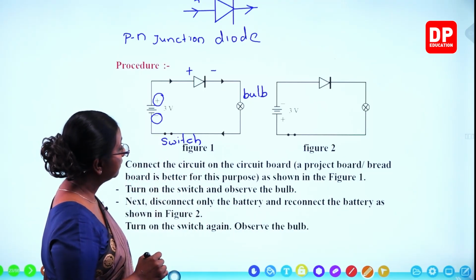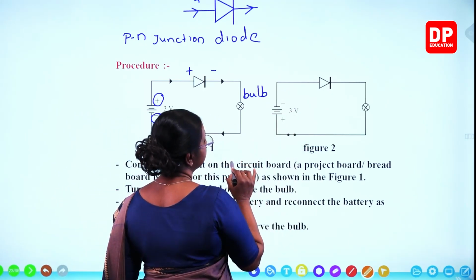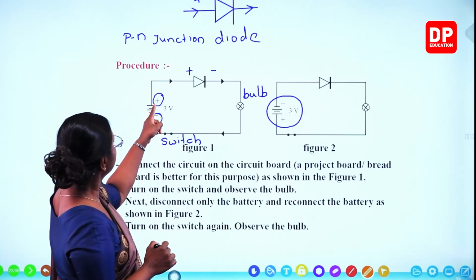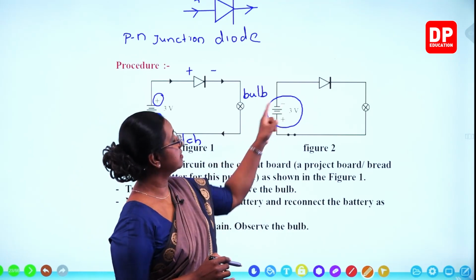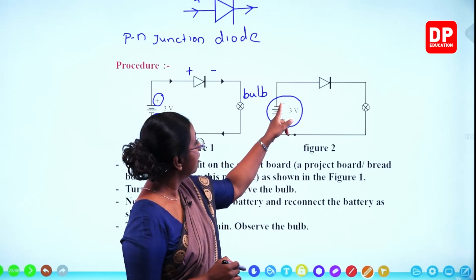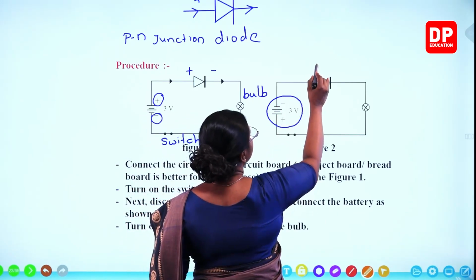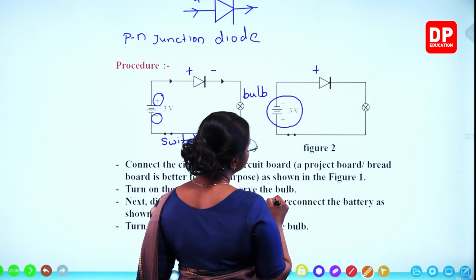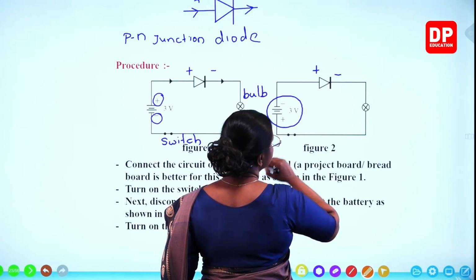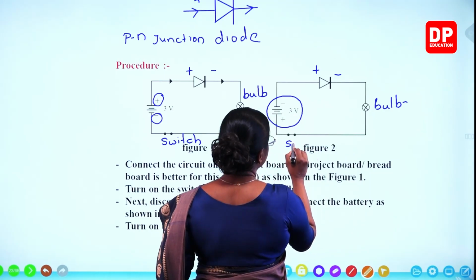On the other side, in figure 2, you can see the terminals of the battery have been changed. Earlier it was the positive terminal, now it is the negative terminal. Same batteries, only the terminals have been changed. So here the negative terminal is connected to the P region of the PN junction diode, and here we have the N region, then the bulb and the switch.